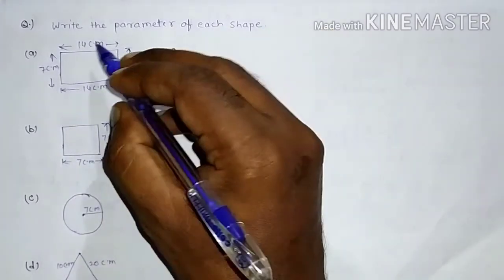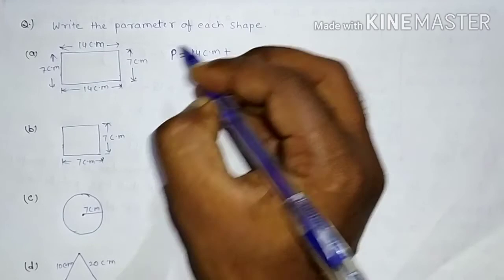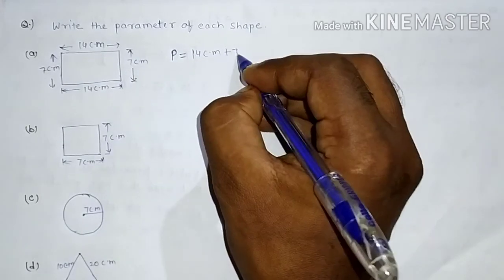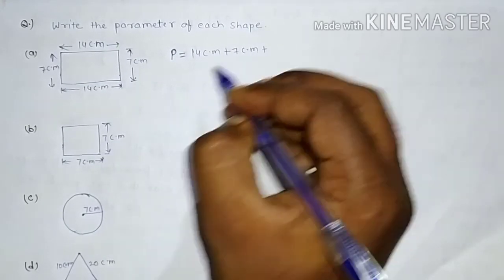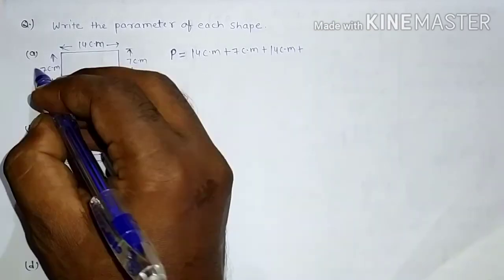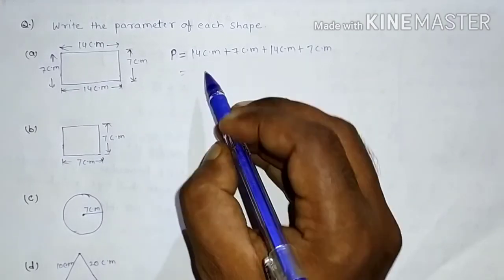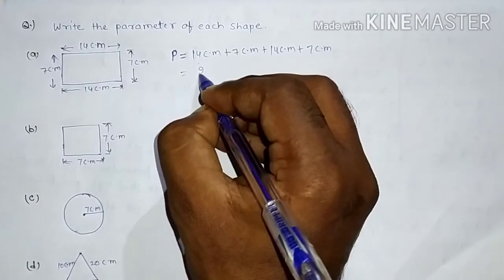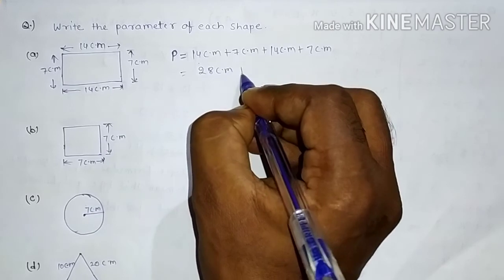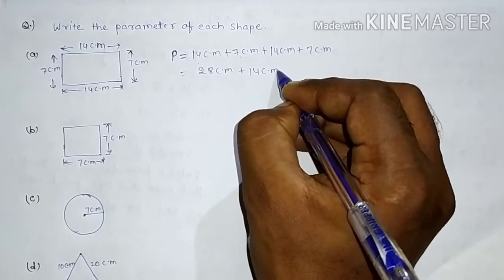measurements. That means 14 centimeter plus 7 centimeter plus 14 centimeter plus 7 centimeter. So 14 plus 14, that is 28 centimeter, plus 7 plus 7, that is 14 centimeter.